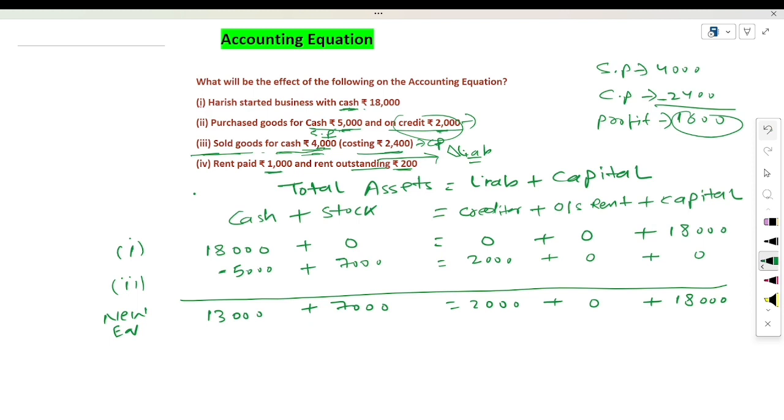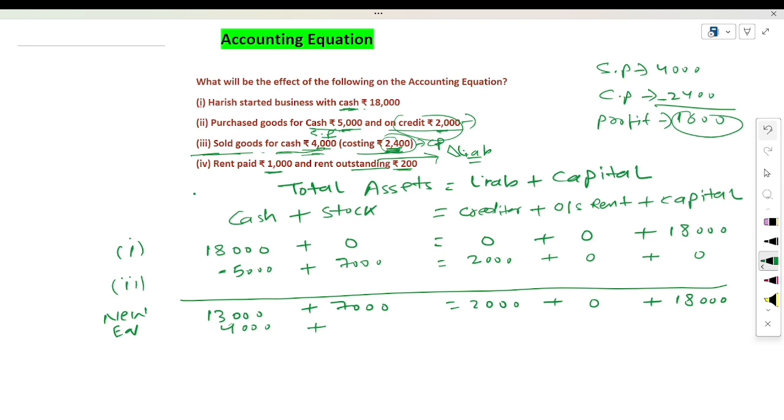So if you are selling goods, then your cash value will be increased because you are selling goods for cash. Your cash value will be increased by how much? 4,000, because at 4,000 you are selling goods. Cost price of goods means the stock will be reduced by your cost price.